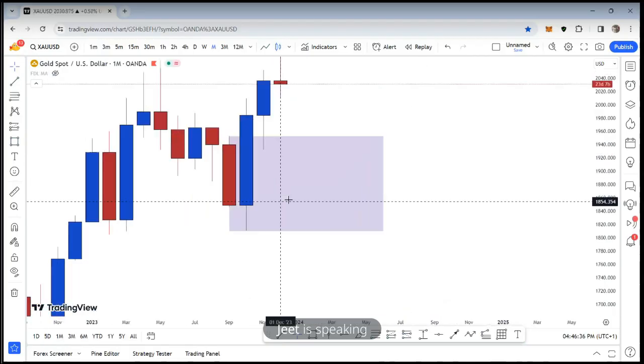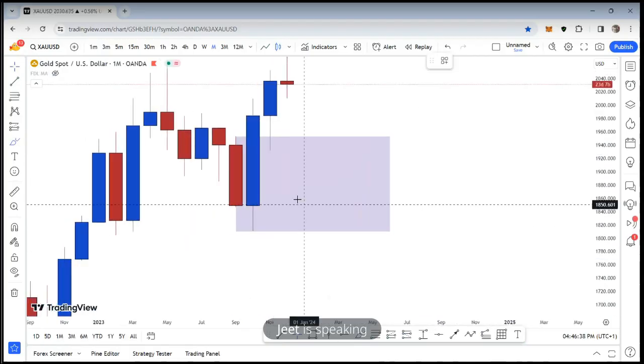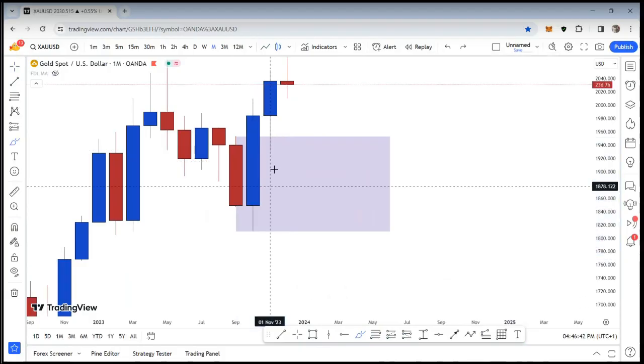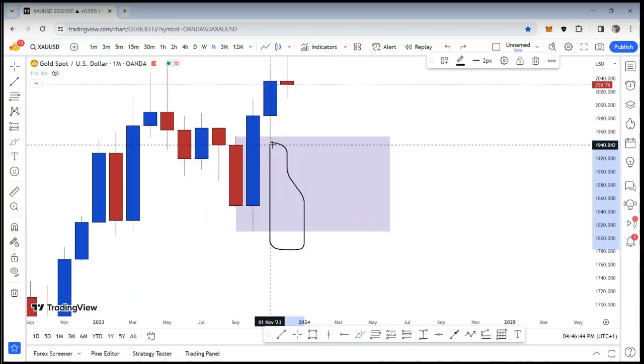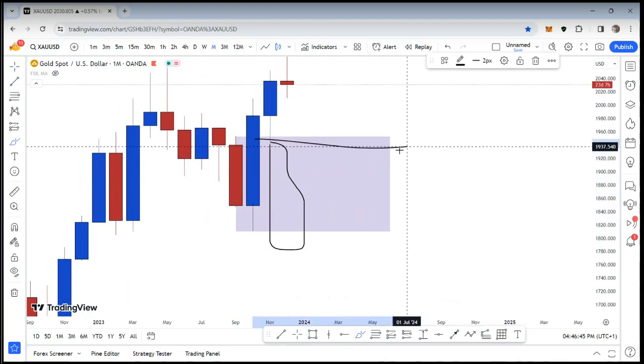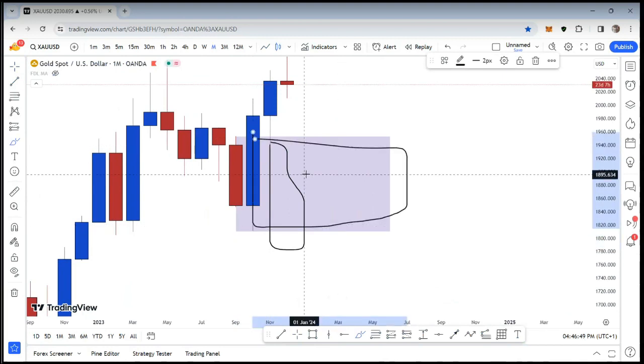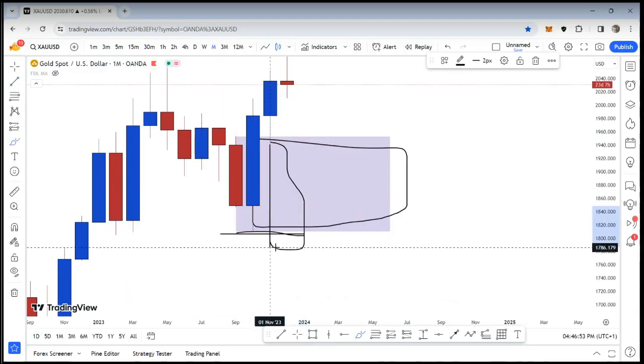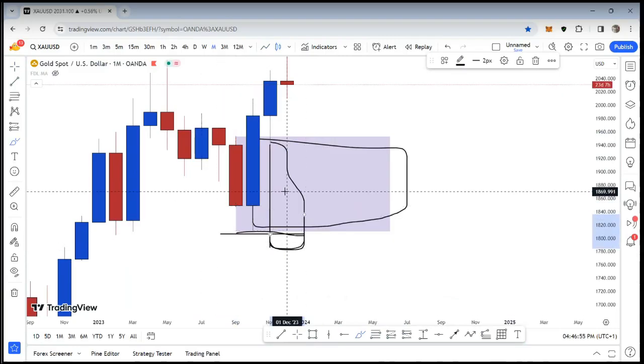Because this is my support. Yes. So now, if a red candle breaks outside this zone, these forms are like some sort of engulfing. This is when I consider it to be a break. When a body is outside this place, this is when I consider it to be an engulfing.